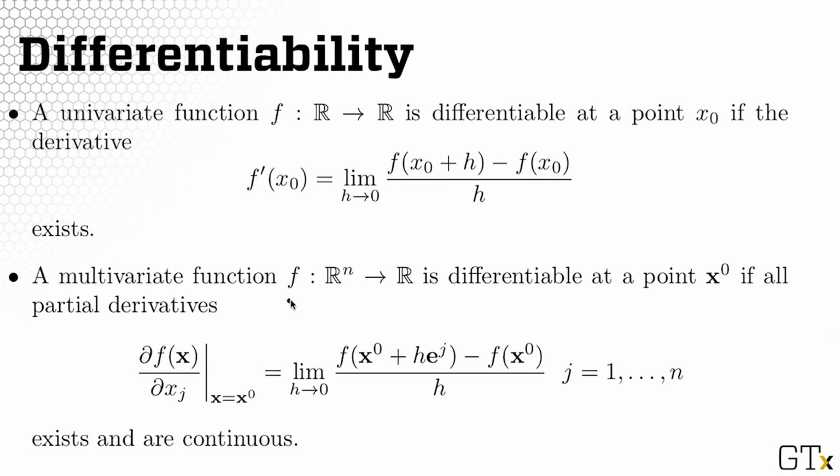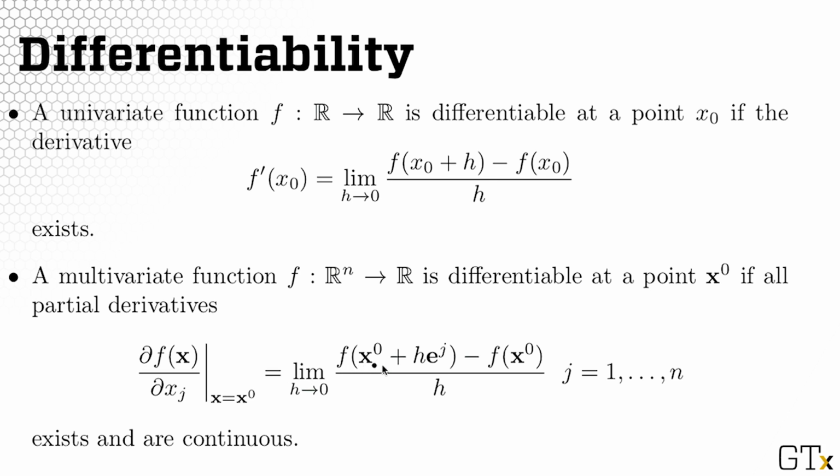How do we extend this definition to multivariate functions? We say that a multivariate function, meaning a function of n-dimensional vectors, is differentiable at a point x0 if all the partial derivatives exist. So a partial derivative means that you basically take the derivative of the function with respect to one of the arguments of the function. So here, for example, you are taking the partial derivative with respect to the jth component.